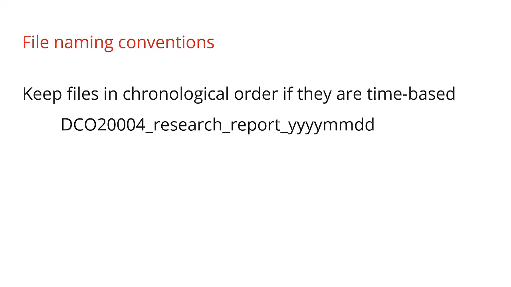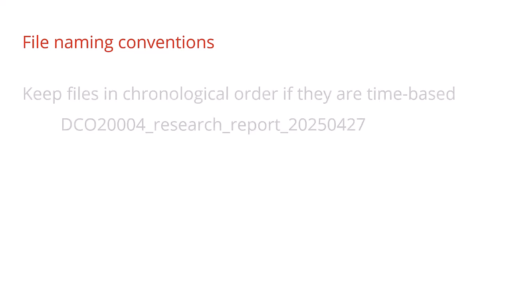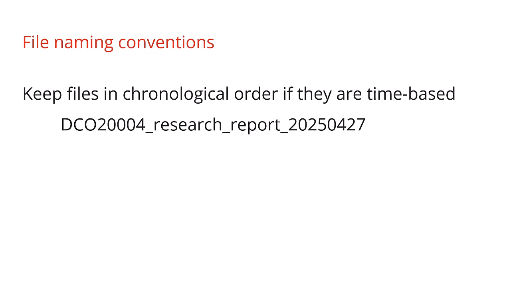Why is that? Here's an example. So here we've got a research report from 2025. It's in April, so 04, and it's the 27th of April. And you can see here, 2025, April the 27th.